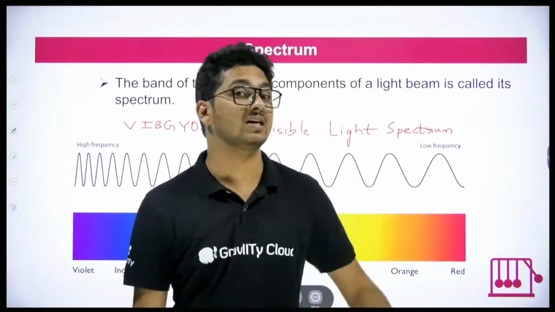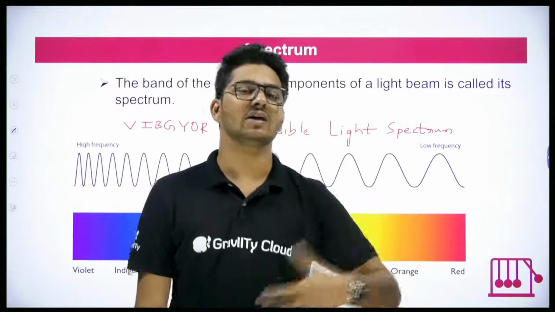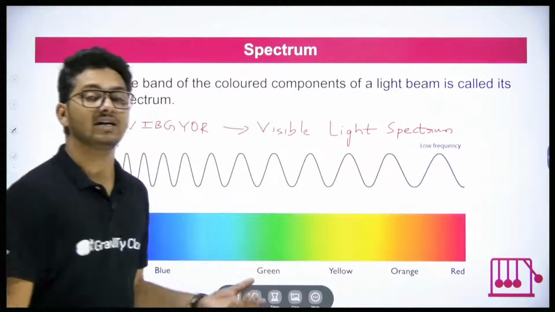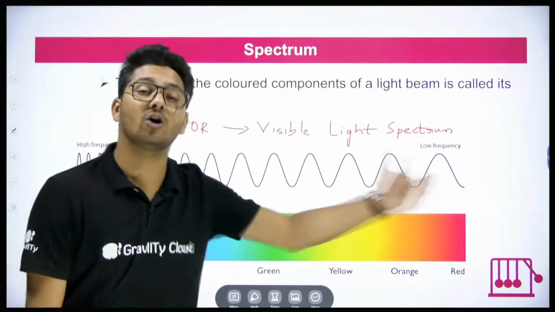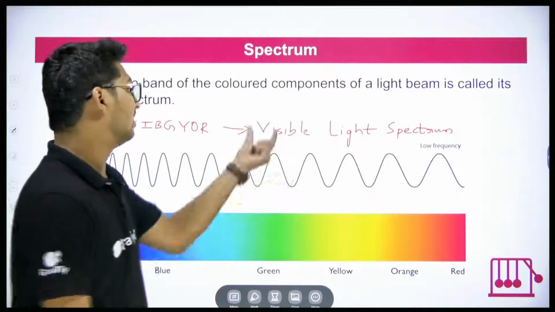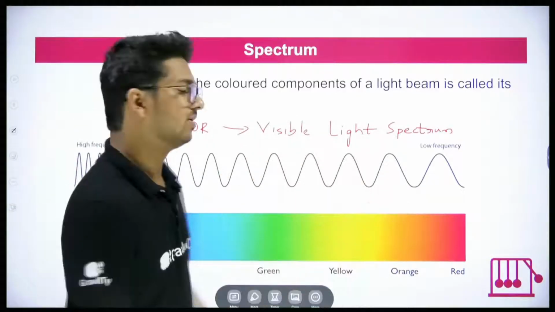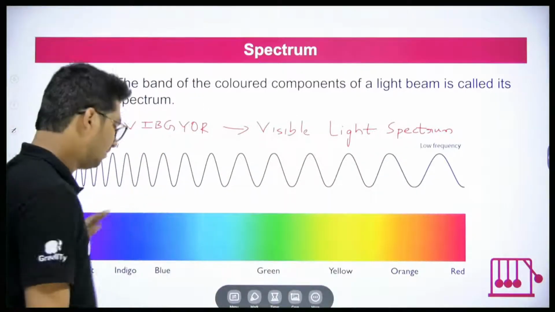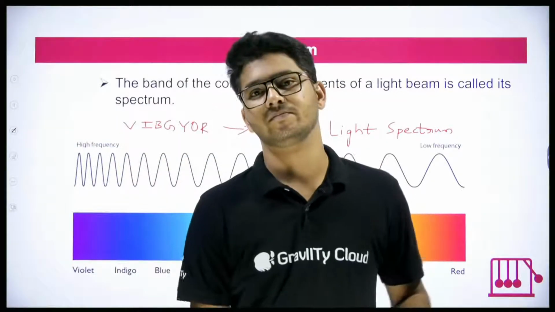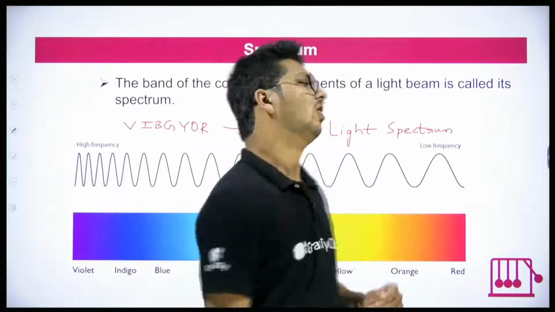There are different colors because of different wavelengths. The wavelengths of light which help us in seeing objects are part of the visible light spectrum, from violet to red. Complete VIBGYOR is the visible light spectrum. Simple. Good? Okay, good. So that's spectrum.